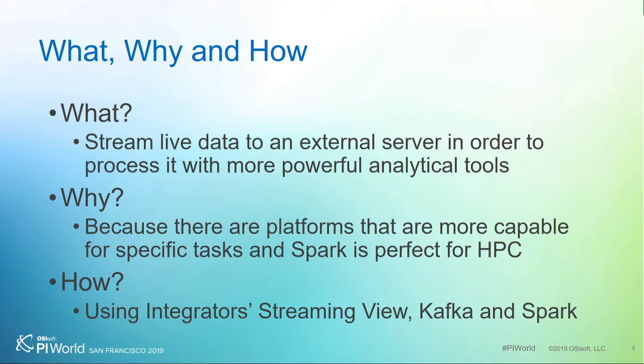There are some platforms that are better for other things, like, for instance, analytics. Spark is a very powerful and capable analytics platform, and you should use it to do real-time analytics and machine learning. So why not use it? And that's why we offer the PI Integrator, to allow you to send data to a Spark machine to process it and to send data back to Pi.